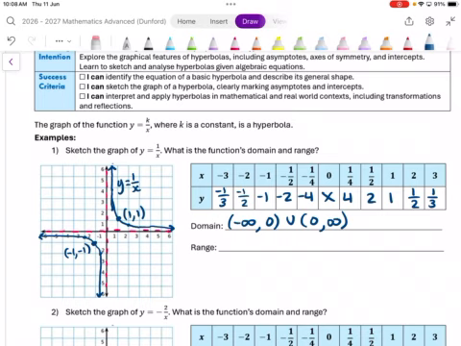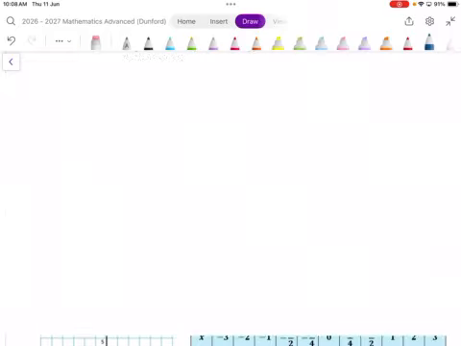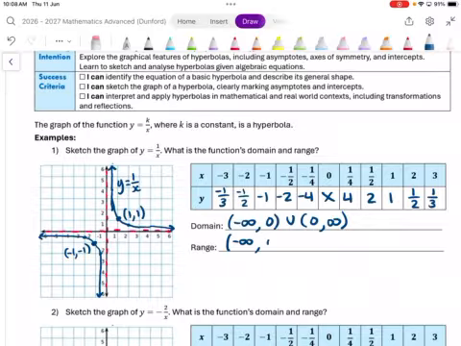We can't just write negative infinity to infinity because it doesn't exist at 0, and that's why we've got the curved bracket at 0. Now, our range is actually the exact same, negative infinity to 0 and 0 to infinity. This is because we haven't transformed our graph anywhere. As we move our hyperbola around our Cartesian plane, the domain and range will change.